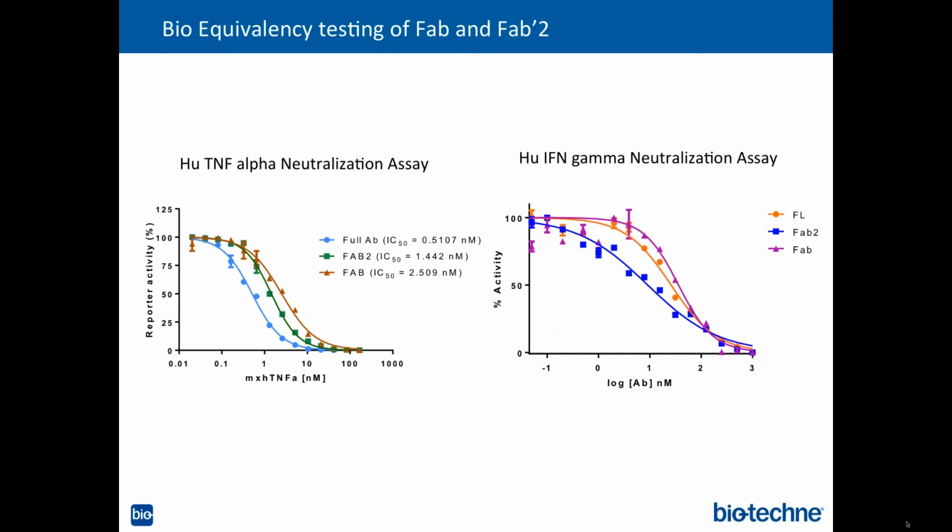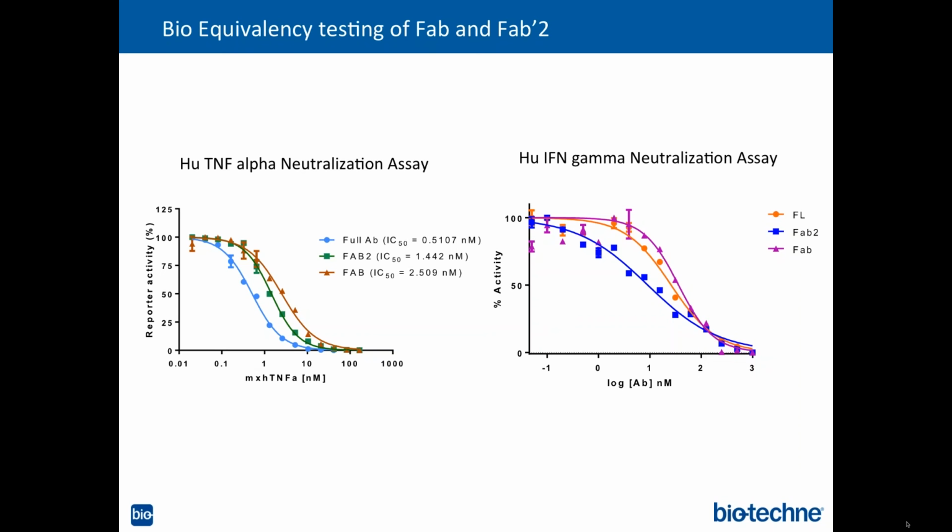And if you truncate it even more, now you have a single binding site for the FAB, it actually goes up to 2.5. That is an expected result since you're only interacting with a single antigen binding site now with the target, and your blocking activity does decrease with the size of the molecule.